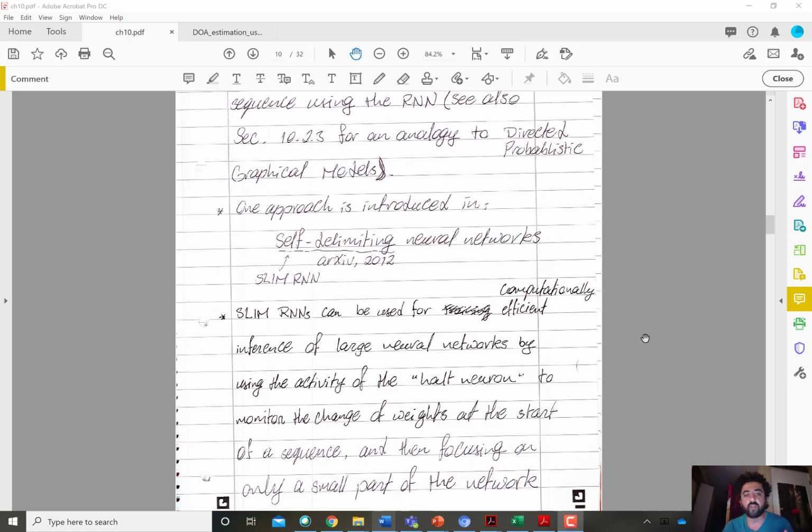So not only during training, but during inference, it could monitor the change of the weights at the start of a sequence, and based on the weight pattern at the start of a sequence, it decides to only focus the inference on only a small part of the network. And in training, the same thing, focus on training only a small part of the network, right? So it's kind of like the human brain.